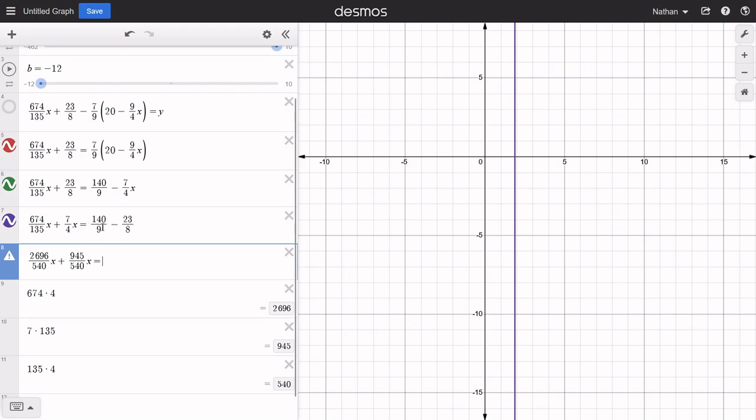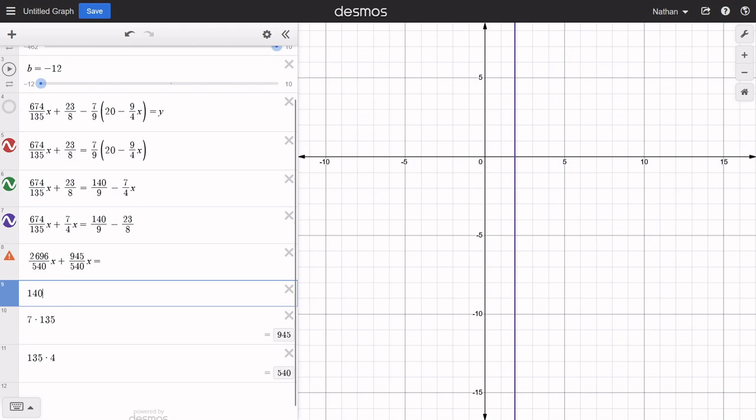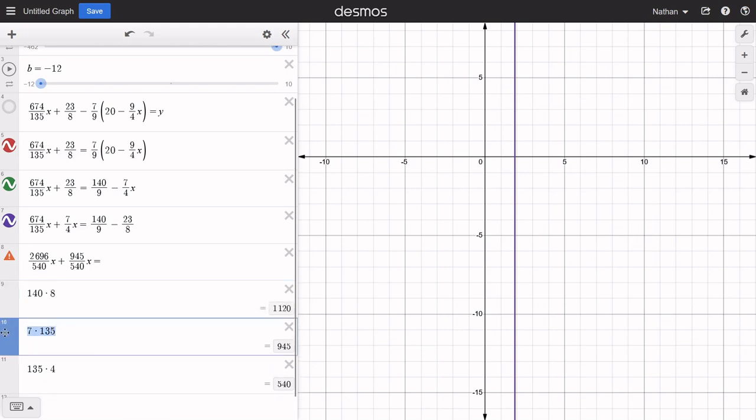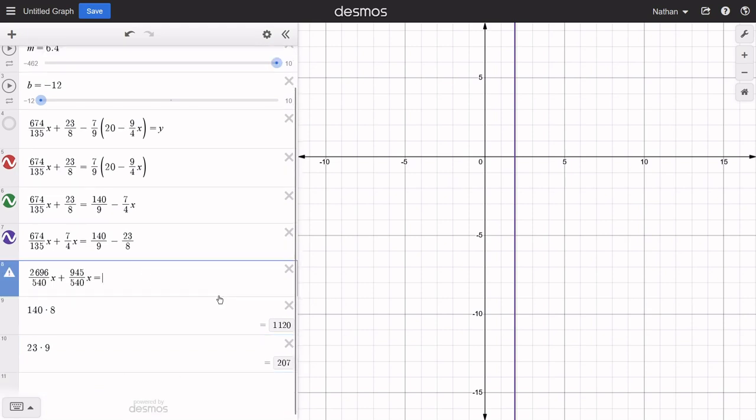So I have to do, which is 72, 140 times 8, and 23 times 9. So 140 times 8, 23 times 9. Okay, and now I can finish that. 140 times 8 is 1120 over 72. Minus 23 times 9 is 207 over 72.